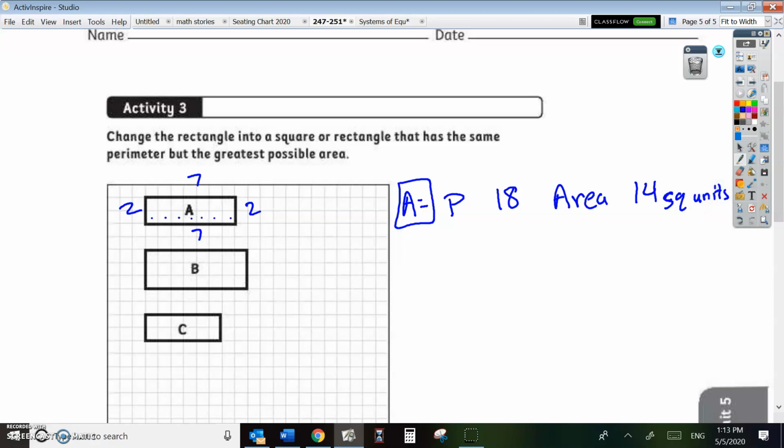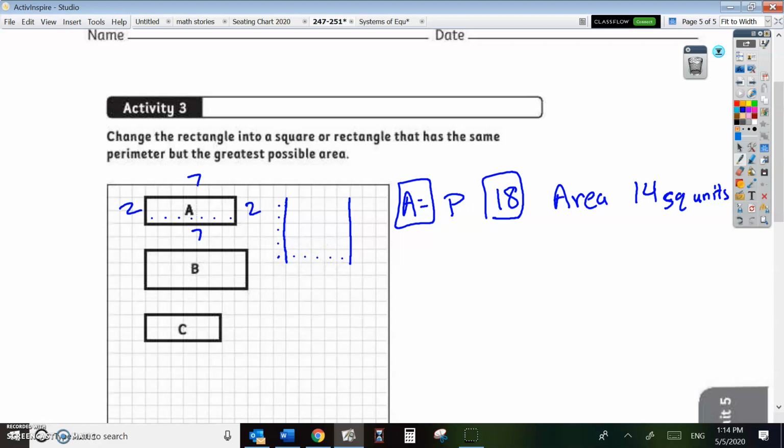So let's change the way that we're spreading that out. Change the shape so we get 18 for our perimeter still, but we'll have a larger area. 1, 2, 3, 4, 5 plus 5.